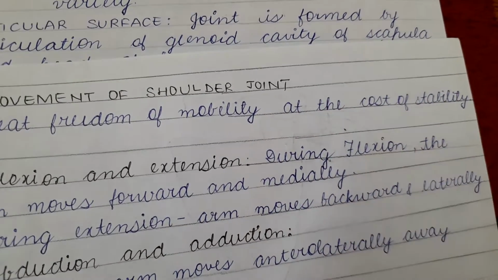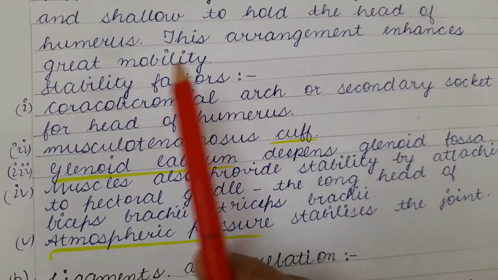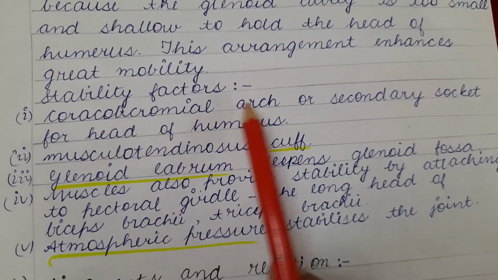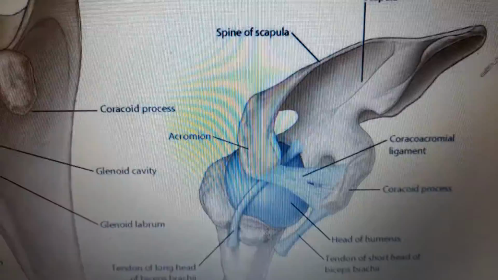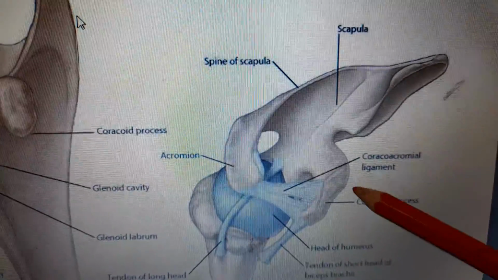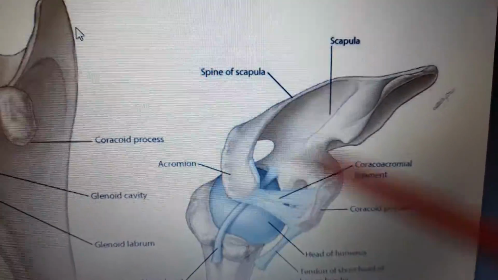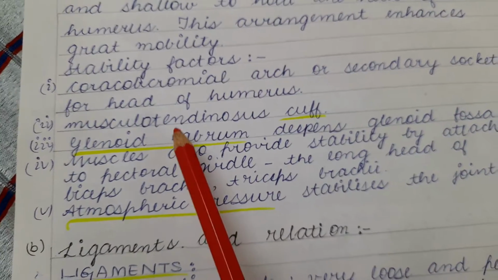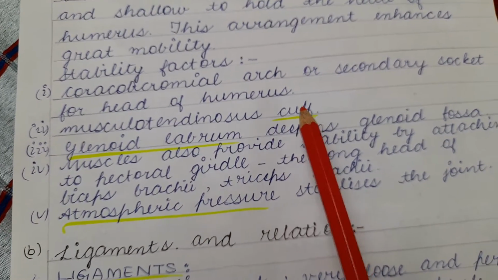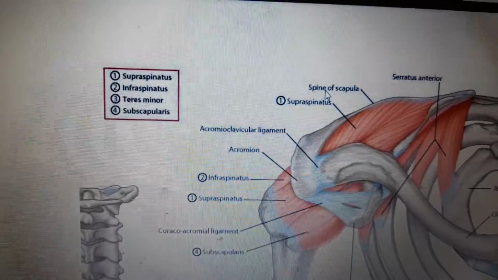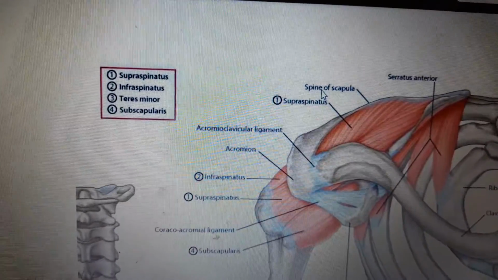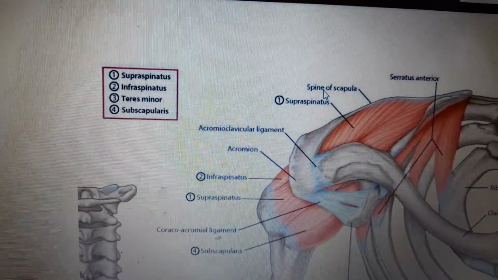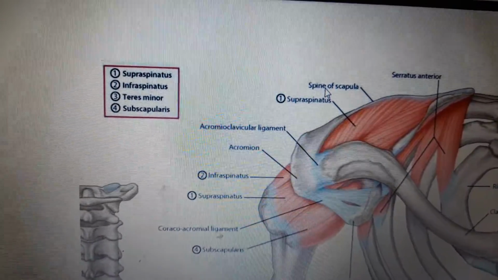it is at the cost of stability. Some of the stability factors are the coracoacromial arch, or the secondary socket for the head of humerus. The second is the musculotendinous cuff or the rotator cuff, which comprises 4 SITS muscles, which are supraspinatus, infraspinatus, teres minor and subscapularis.